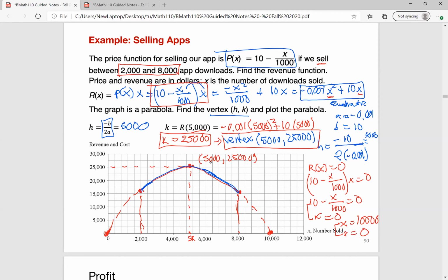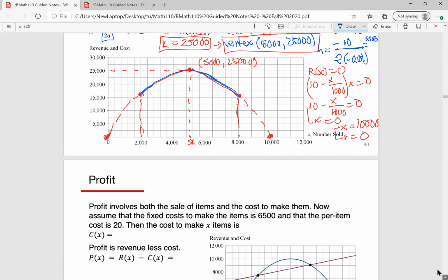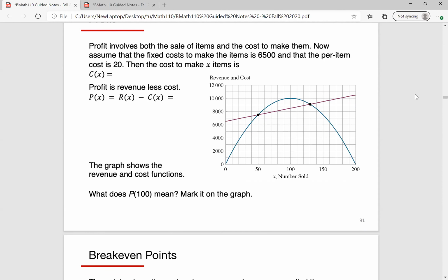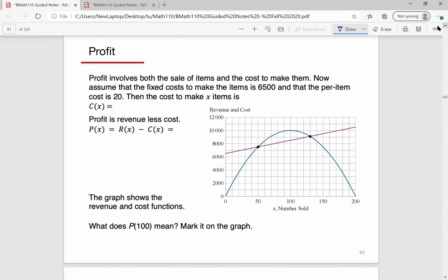Okay, so we move down. This is a profit. Let's talk about the profit now. Profit involves both the sale of items and the cost to make them.